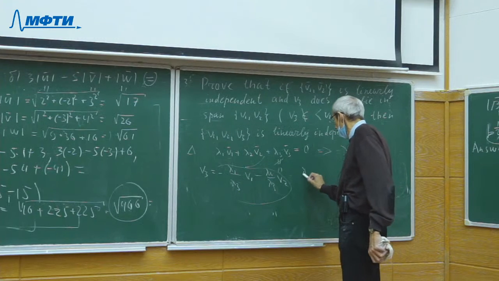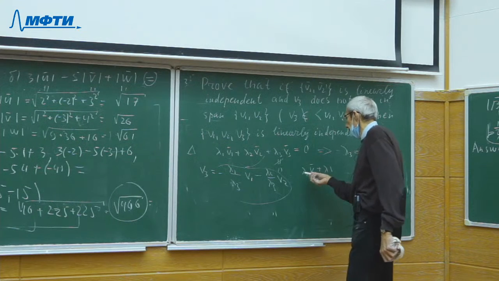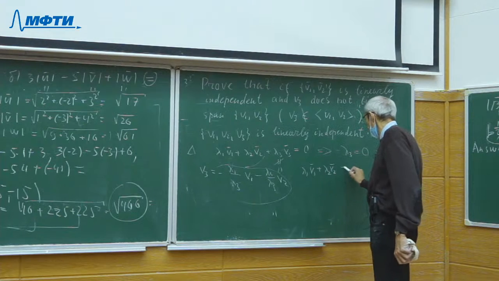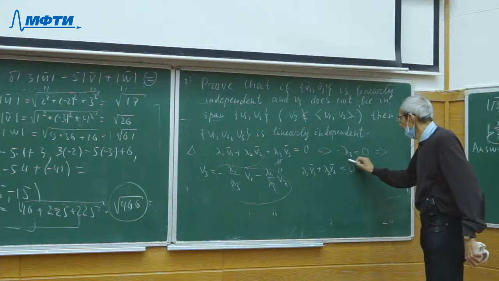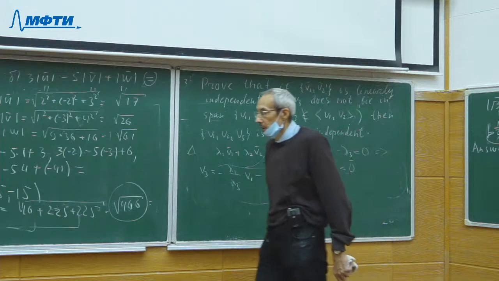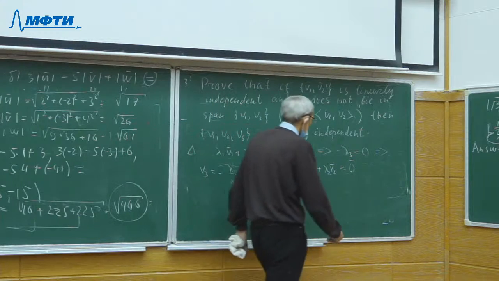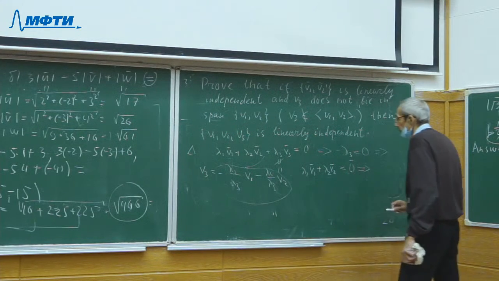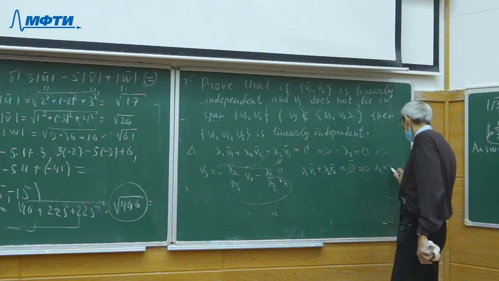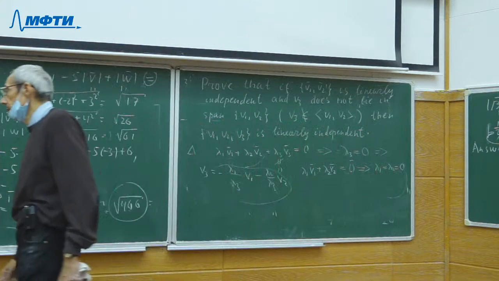And so we obtain that the linear combination of vectors v1 and v2 with coefficients lambda 1, lambda 2 is equal to the 0 vector. But the vectors v1 and v2 are linearly independent. And by the definition of linear independence, we obtain that these coefficients are equal to 0.